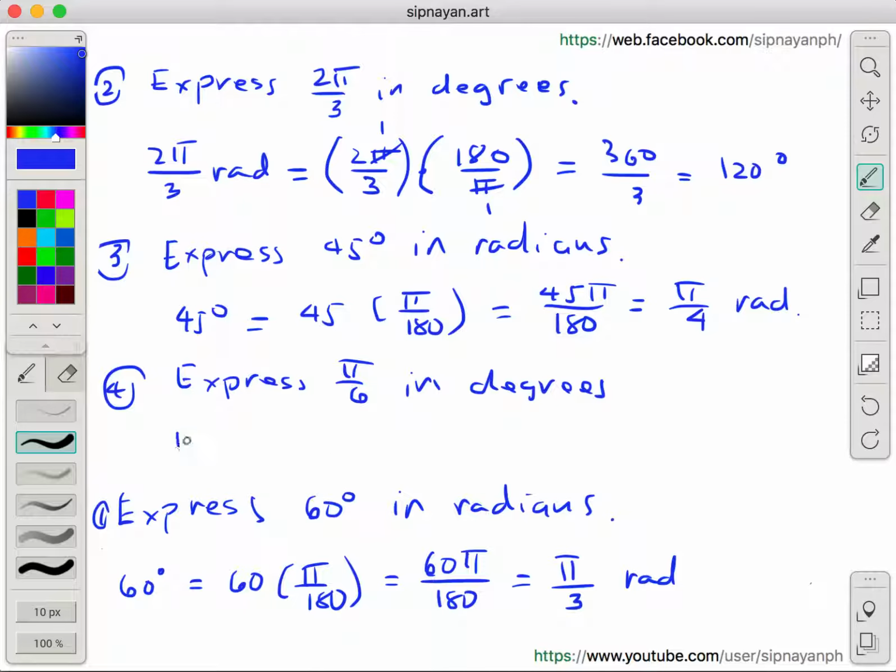So pi over 6 radians equals pi over 6 times 180 over pi, which is equal to, maka-cancel to, magiging 1 yan, 1 times 180 is 180, and then 6 times 1 is 6. So 180 over 6 is 30 degrees.